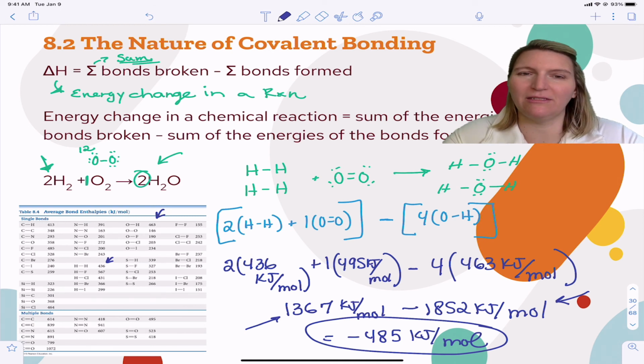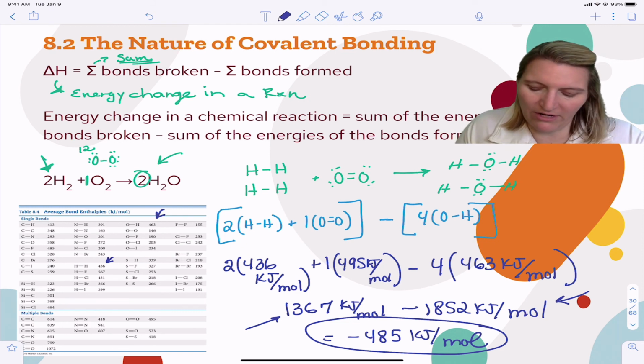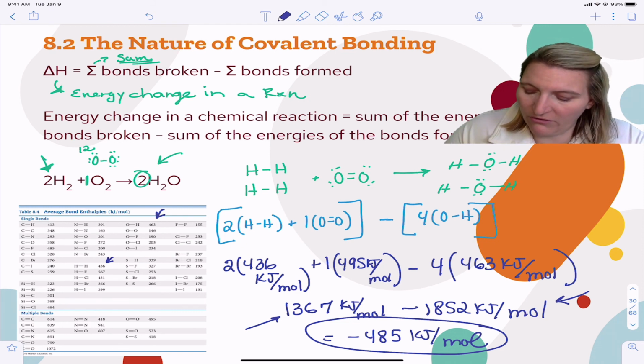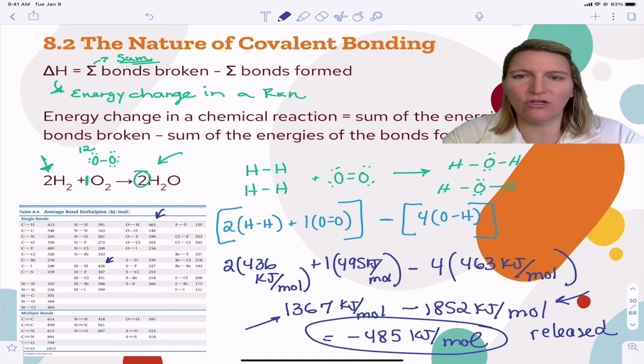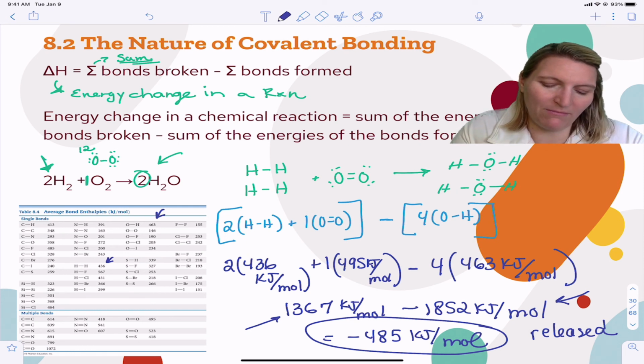What that means is the negative doesn't mean less than 0. The negative tells me that the reaction is losing energy. So that means 485 kilojoules of energy is released when this reaction happens, when a mole of this reaction happens. So what that means is it is related to this chemical equation by its coefficients.